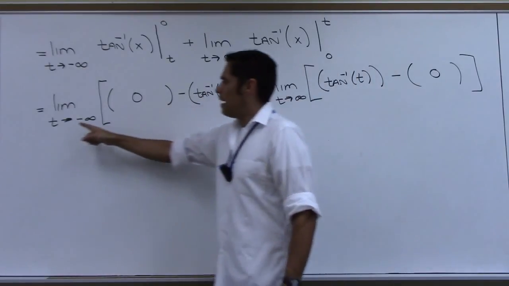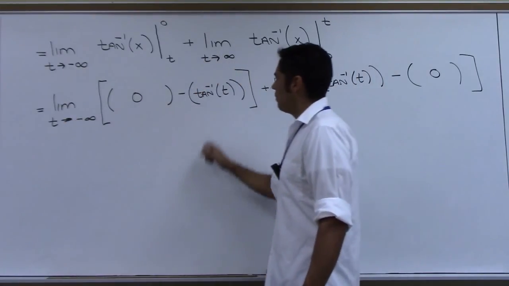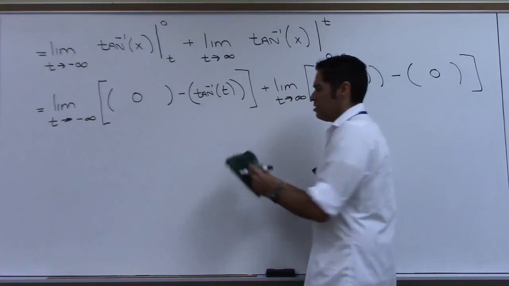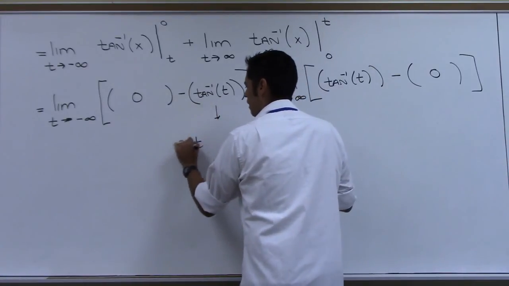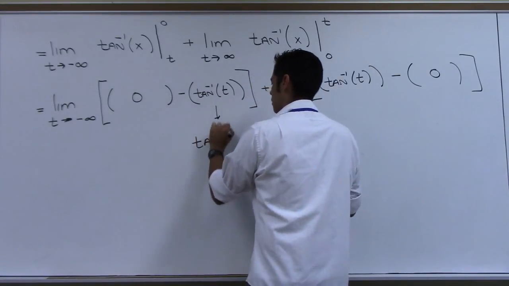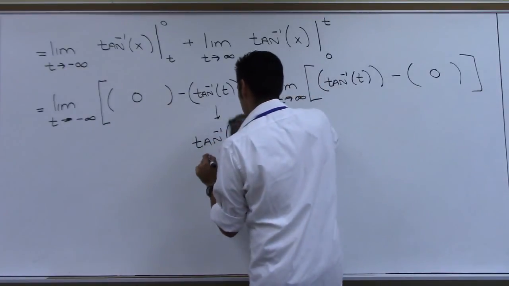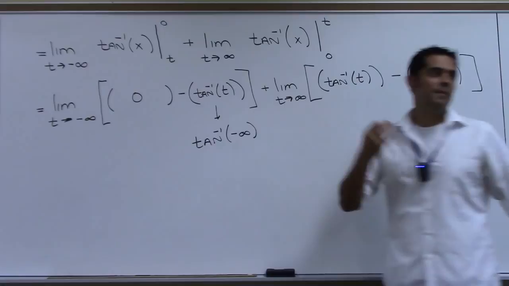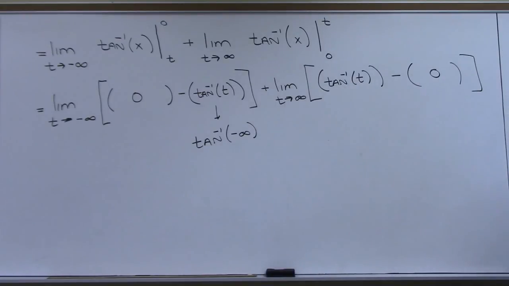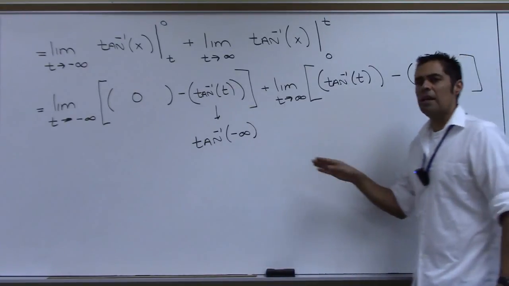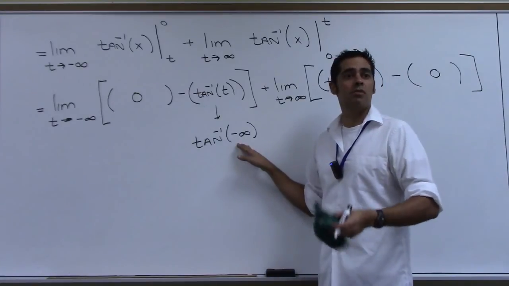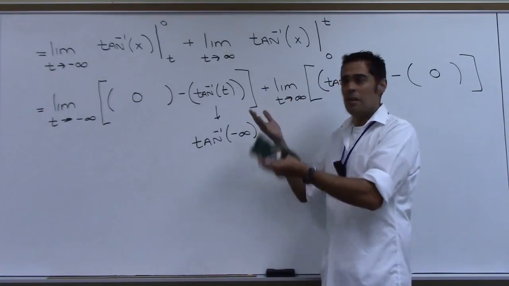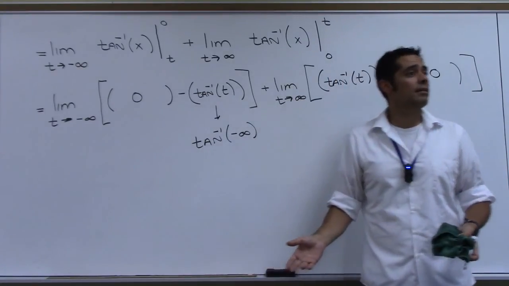What happens if I let t go to negative infinity? I get arctangent of negative infinity. Now we know that infinity is not a number, right? But what's happening is we're plugging in a number that's getting closer and closer to negative infinity. It's getting very large and very negative, right?